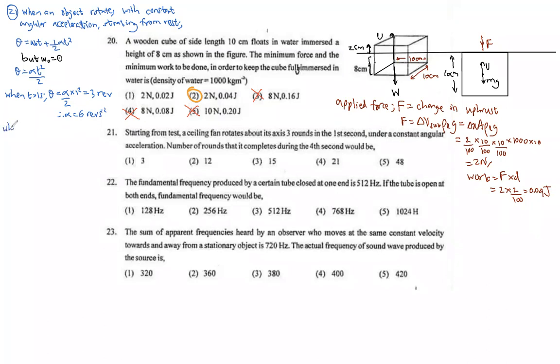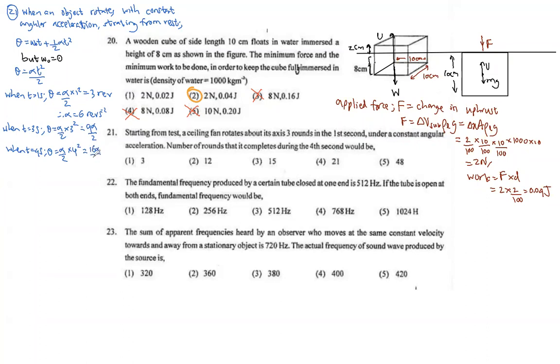When time is 3 seconds, theta is alpha by 2 into 3 squared, that is 9 alpha by 2. When t is 4 seconds, theta is alpha by 2 into 4 squared, which is 16 alpha by 2.